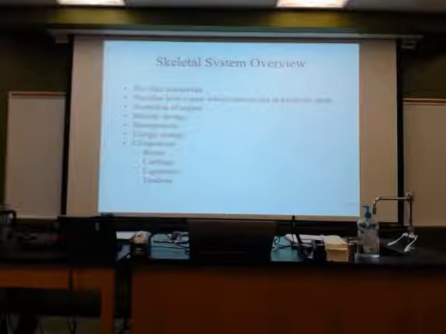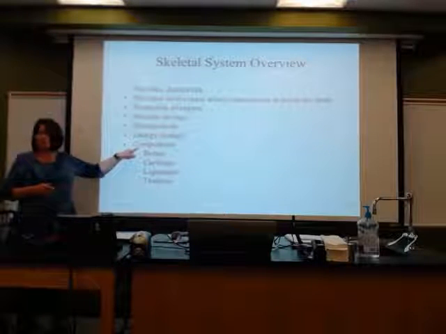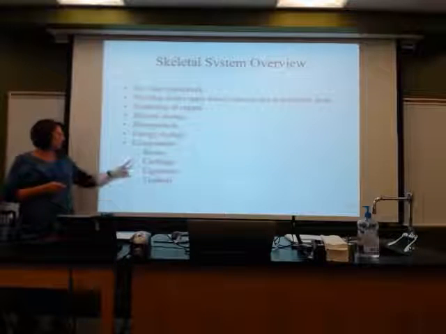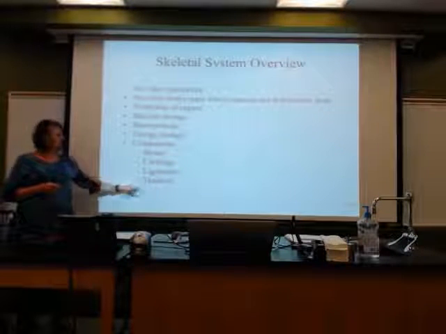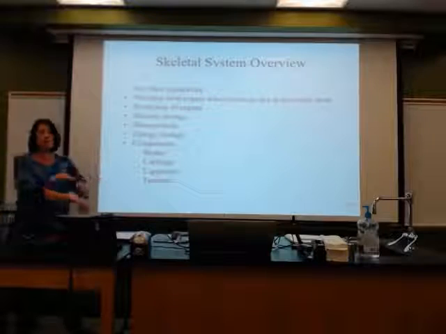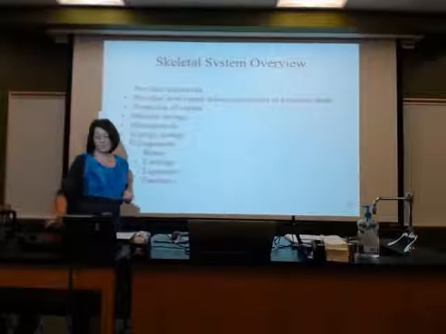As adults, that's not the case. It becomes the yellow marrow, which is the fat. And the fat is storage for energy. Once again, the parts that make it up: the bones, cartilage, ligaments, tendons. Those are the 4 parts of the skeletal system.